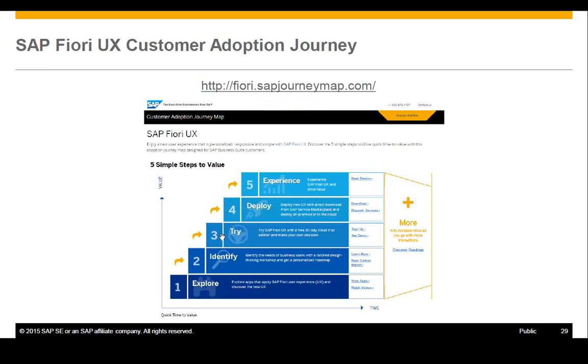And once the proof of concept is fine, deploy, experience. 5 simple steps to get a great Fiori user interface value for your corporation. And a lot of information is in fact available for free. This is the URL. If you want to see a system, some of the demo, we can arrange.